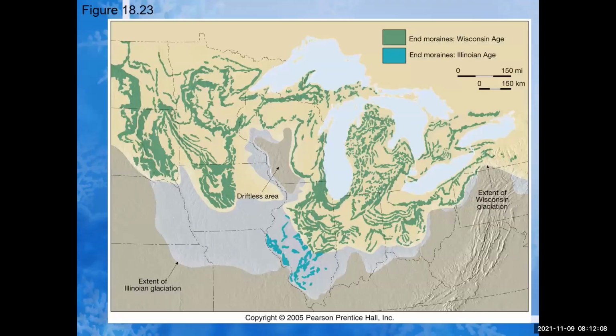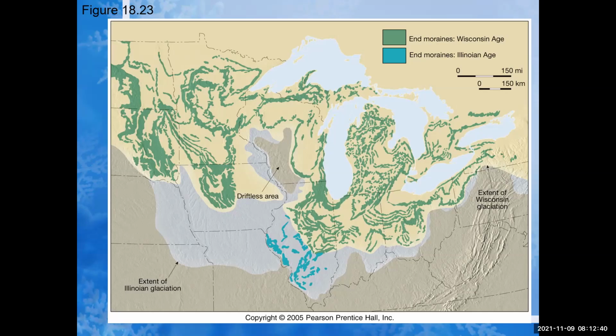To give you an idea of the scale of the moraines generated by this process, this is a map showing our Great Lakes region, and you're looking at maps of moraines from geologically recent glacial events that had ice extend well into what is now the continental United States.